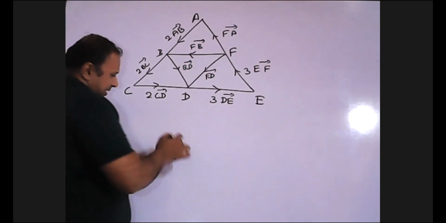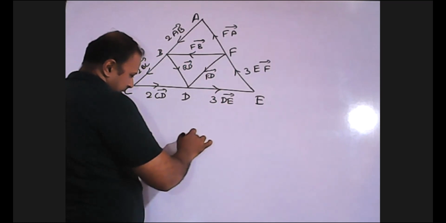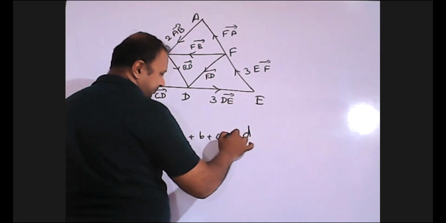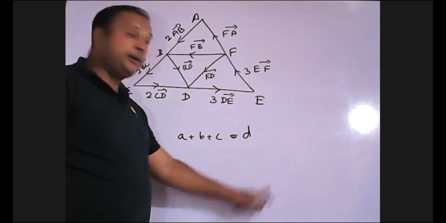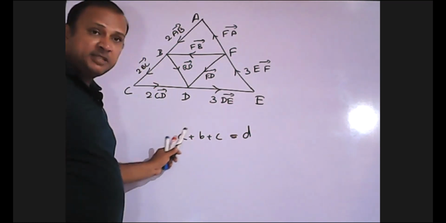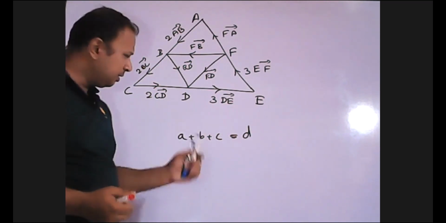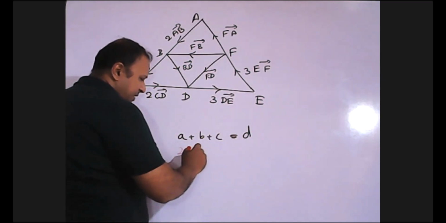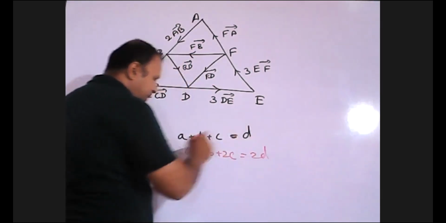Look at this one. Suppose there is an algebraic equation that A plus B plus C is equal to D. If I multiply both sides by 2, then 2A plus 2B plus 2C should be equal to 2D, no?